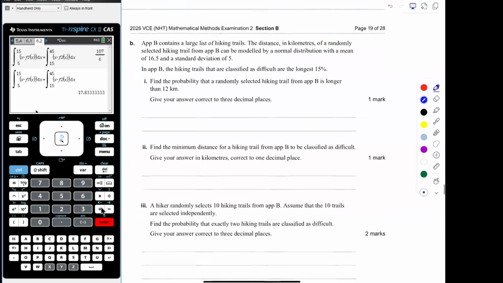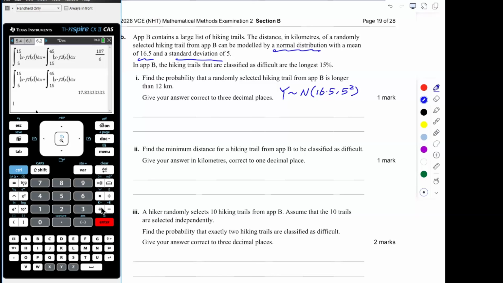All right, App B. Let's call it a normal distribution. Mean is 16.5, standard deviation is 5. So let's call it Y is a normal distribution 16.5, 5 squared. And the probability for the selected hiking trail to be longer than 12. So we say probability of Y longer than 12.